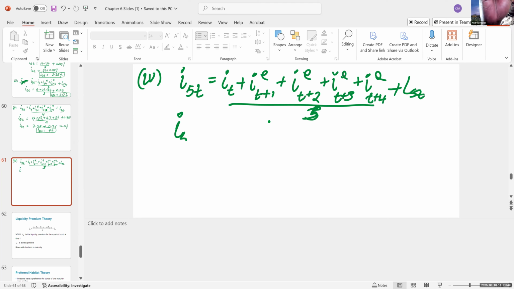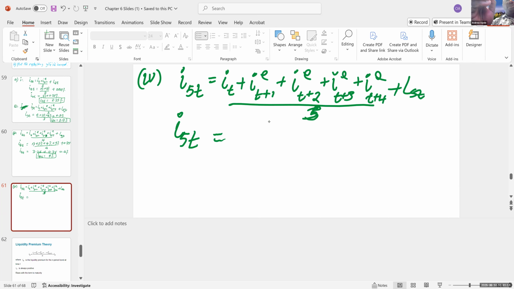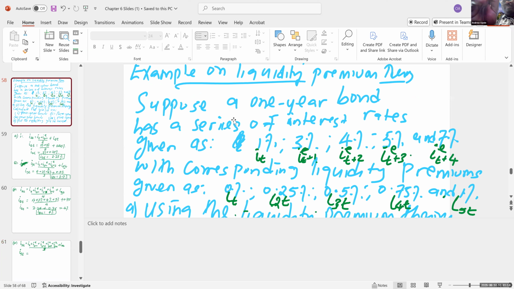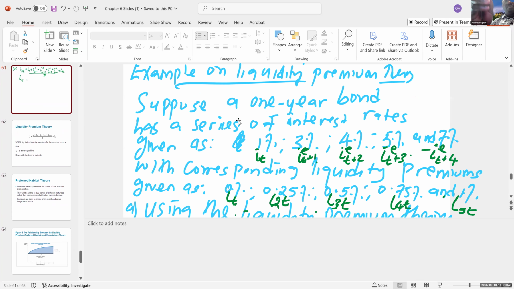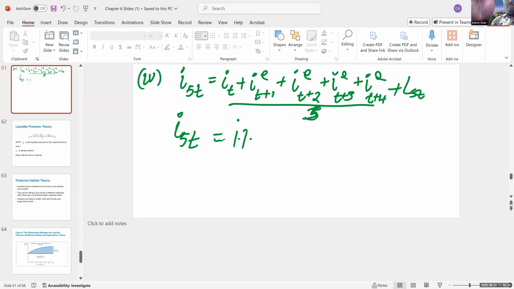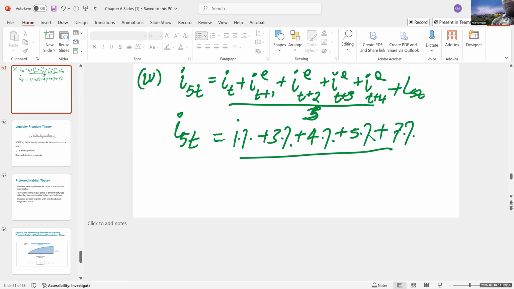So your I5T is going to be, now, all those interest rates, average all of them: 1, 3, 4, 5, and 7. So that's going to be 1% plus 3% plus 4% plus 5% plus 7%, divided by 5, plus the liquidity premium on holding a 5-year bond, which is given as 1%.